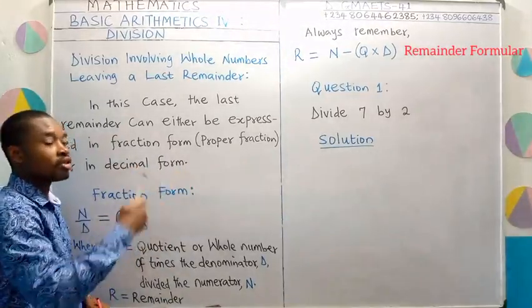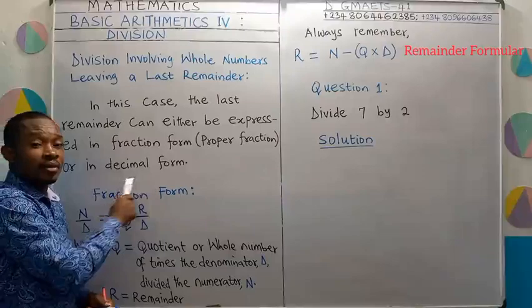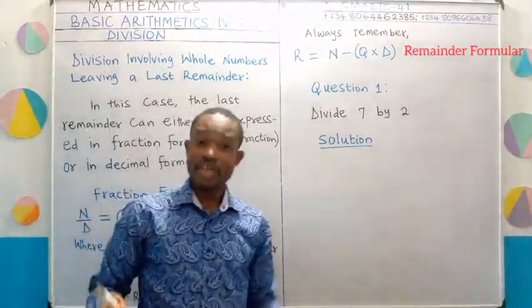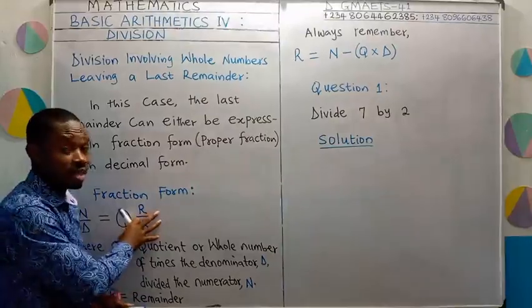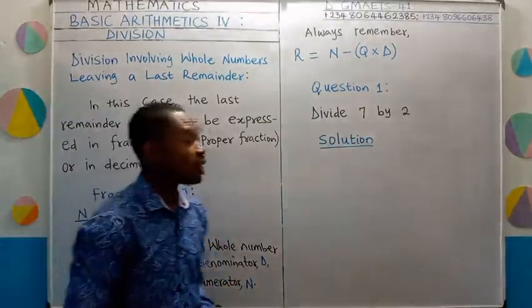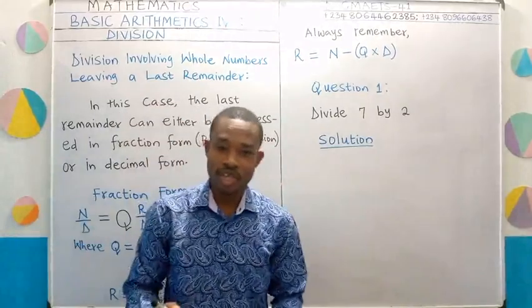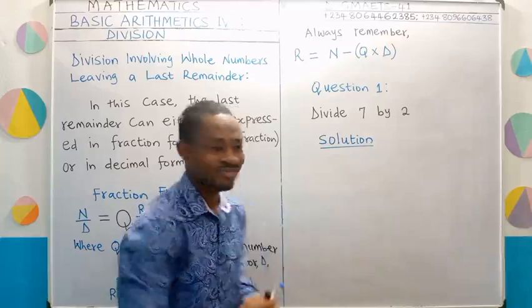Then of course we are also going to look at the second section. The second section will deal with writing our answer in decimal form. But the first section we're going to look at is writing our answer in fraction form, in this mixed fraction form. This question number 1 divides 7 by 2. So what I am looking forward to is getting my answer in fraction form. Solution.